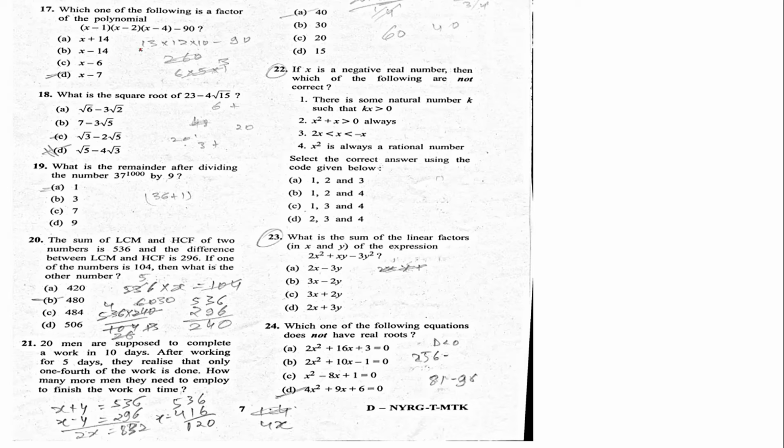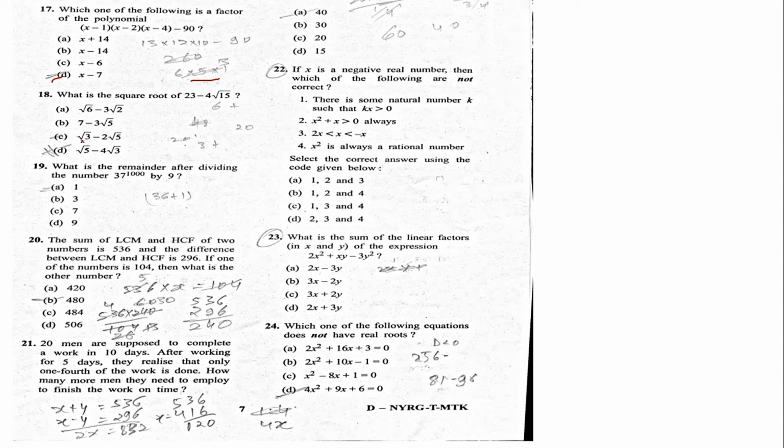You can see that I have put the values. Firstly I put 14, but it did not work out, so I put 7. Putting 7 in here, we will get 6, 5 and 3. So 6 into 5 is 30, 30 into 3 is 90. So 90 minus 90 is 0, so it is a factor, and this will be the answer.